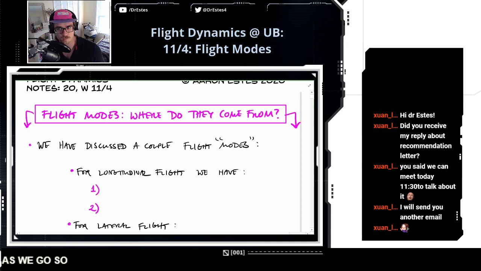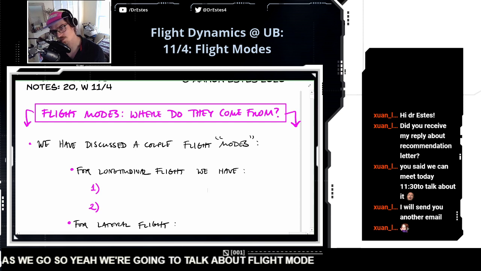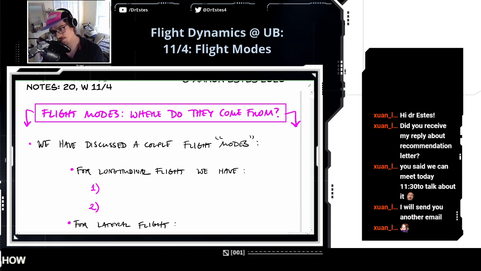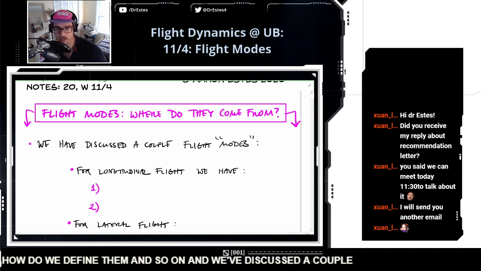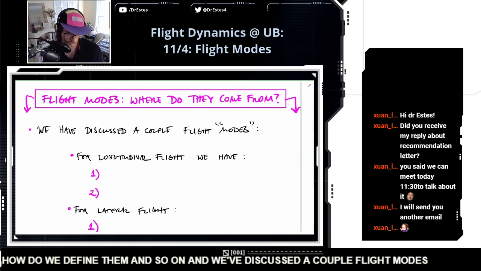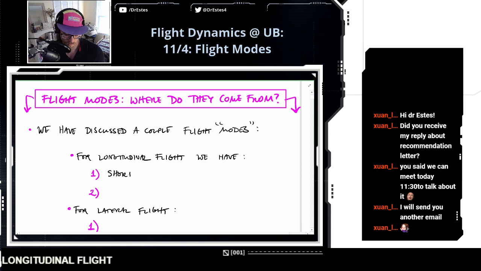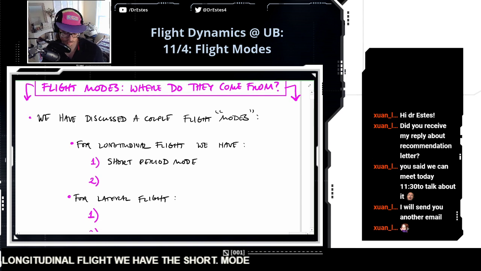So, we're going to talk about flight modes. Where do they come from? How do we define them? And so on. We've discussed a couple of flight modes. For longitudinal flight, we have the short period mode. We also have the phugoid mode.